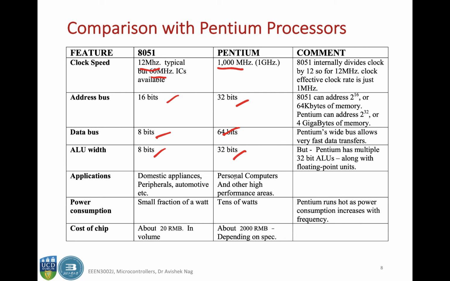Pentium is used for personal computers and other high performance applications. Power consumption wise, 8051 is a very low power device, a small fraction of a watt is used. Pentium uses a little higher, tens of watts. And then the cost of the chip, okay, so 8051 is very cheap, about the order of 20 RMB, and Pentium costs are higher, about this much, but then it varies depending on the specs.